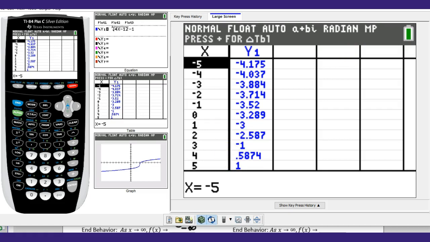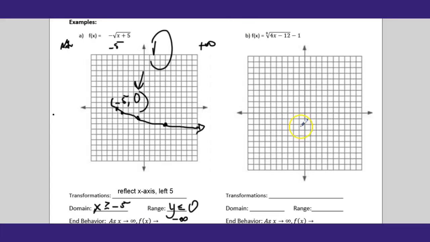So I'm going to go back to the graph. Those points were 3, -1, so 1, 2, 3, -1. Then there was 5, 1, so 3, 4, 5, 1. And then let's see here.